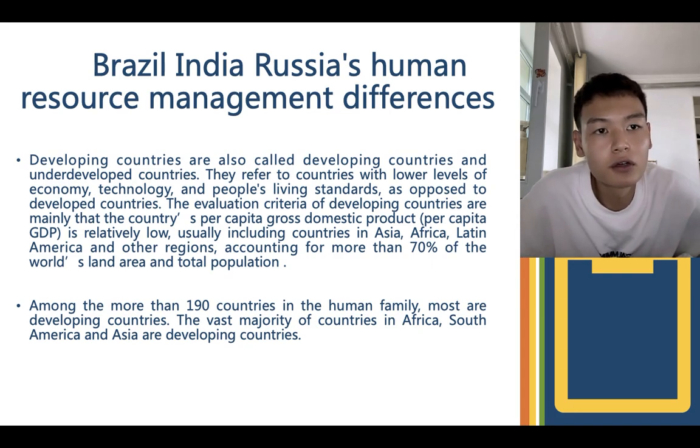Developing country, also called underdeveloped country. They refer to countries with low levels of economy and people's living standards, as opposed to developed countries, and whose per capita gross economic product is relatively low. They usually include countries in Asia, Africa, North America, and others, covering more than 17% of the world's land area.